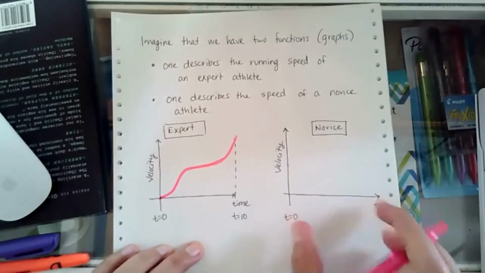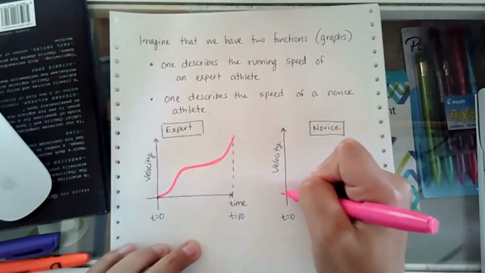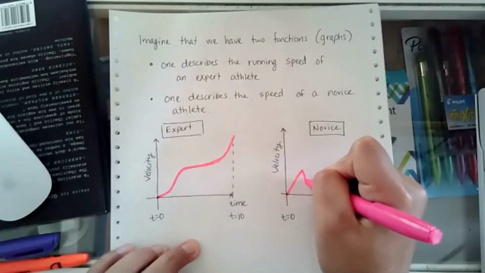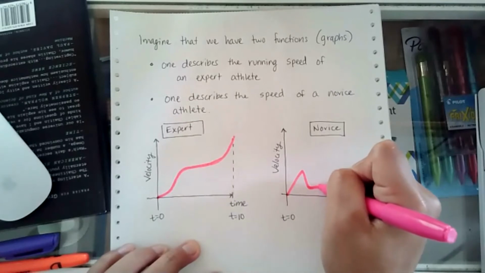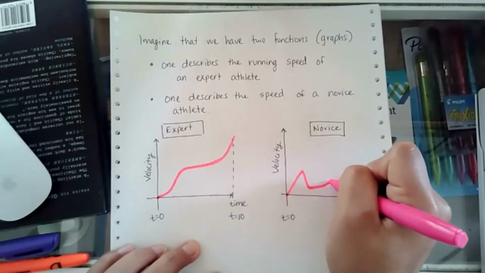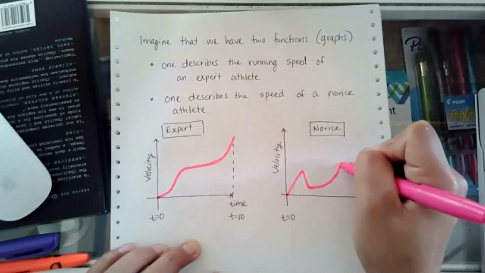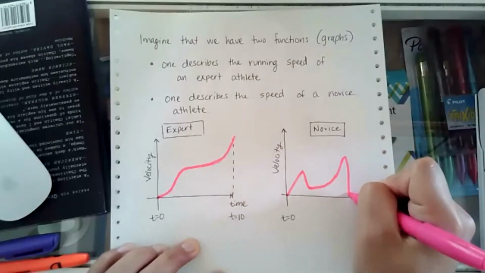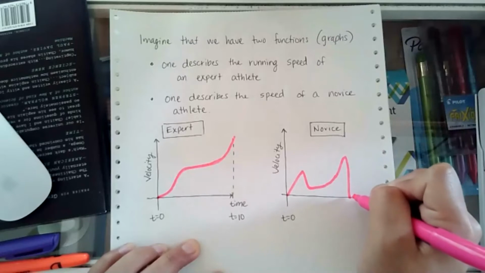However, a novice, somebody who's very new to running, might start their race really enthusiastically, but then run out of breath and slow down drastically. And then maybe they start at this slower speed and start to slowly increase speed. And then realizing that they're falling behind, they might try to gun it again, but then get tired. And then maybe they stop here and catch their breath.